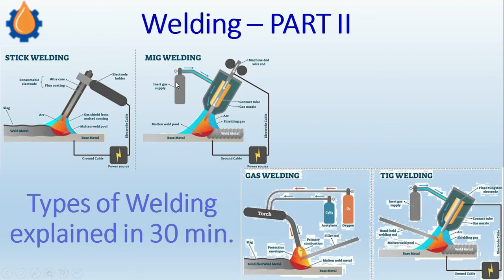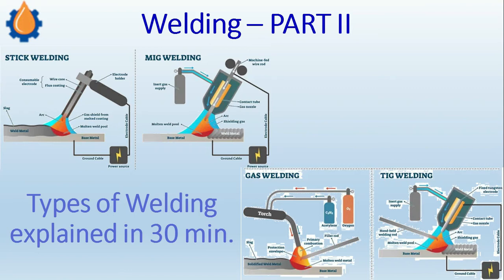The second one is MIG welding. For stick welding, or arc welding, and MIG welding, we are going to see actual videos in the coming slides. In MIG welding and arc welding, the basic difference is that MIG welding is used for mass production welding, where we have a continuous wire as the electrode.